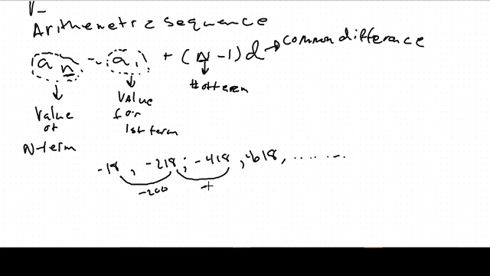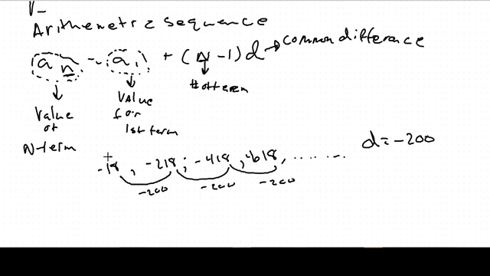From there to there was minus 200, and from there to there was minus 200. So that minus 200 would be my common difference. So d would be equal to negative 200. That's how you find it.